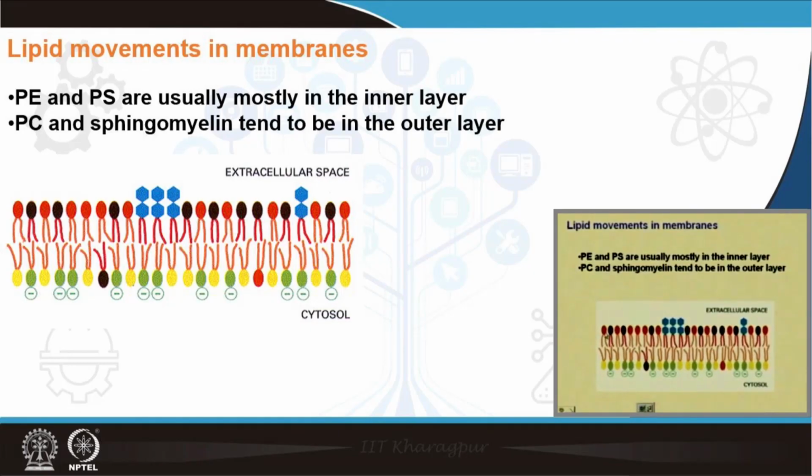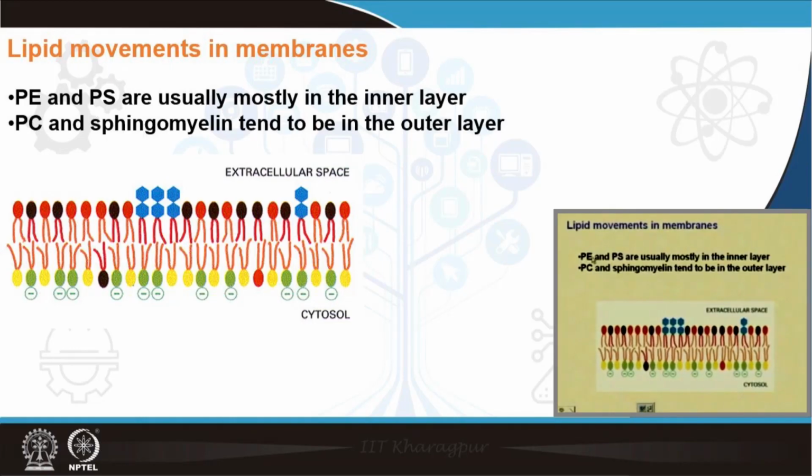Now, that means we have different polar head groups. The green, the yellow, the blue and the black are the different polar head groups, and the chains are also going to be different depending on the type of fatty acid that we have.